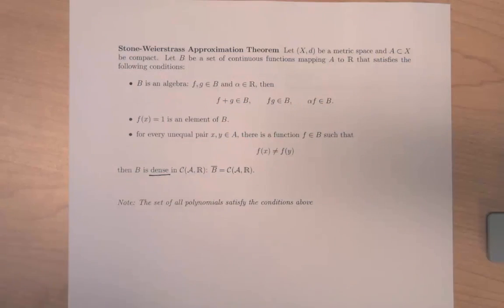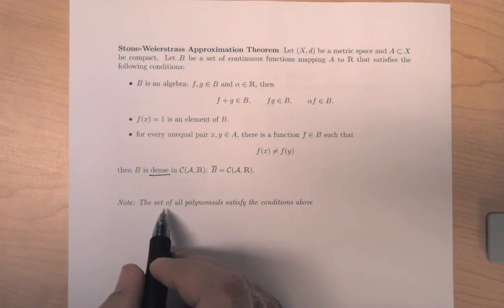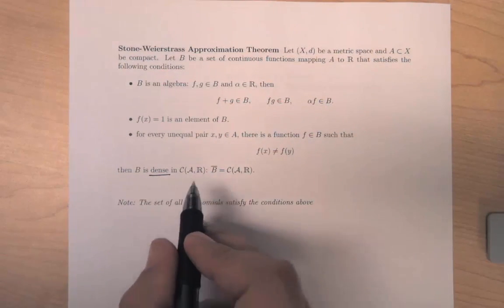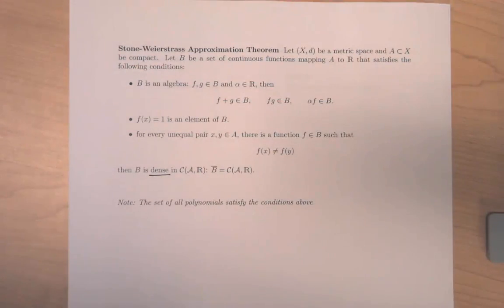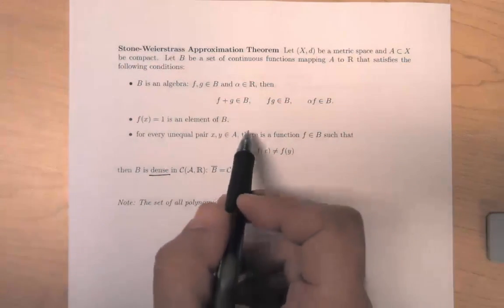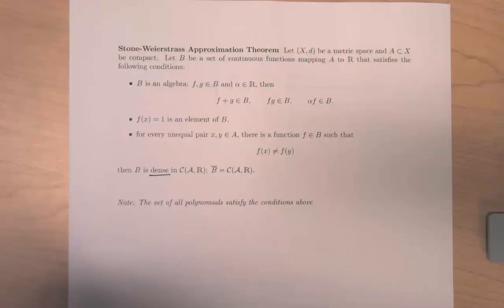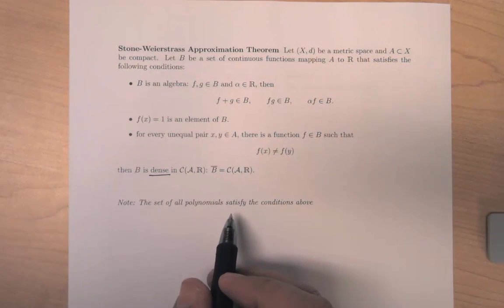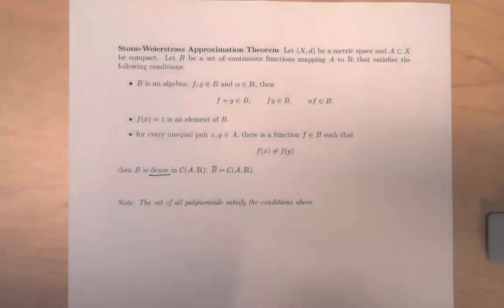Now, just as a quick note, the set of all polynomials in fact satisfies the conditions here. So we see that this is just a generalization of what we've proven previously. And the fact that any function is arbitrarily close to a polynomial makes continuous functions accumulation points of polynomials.